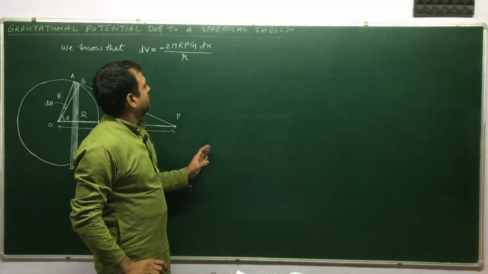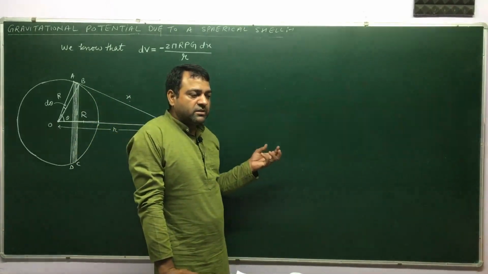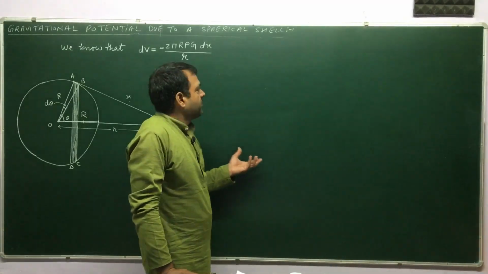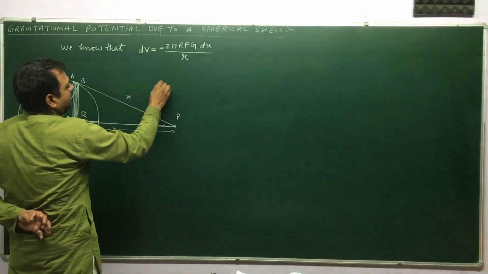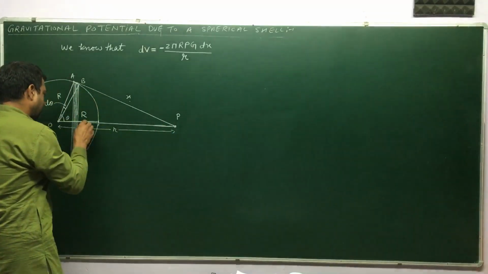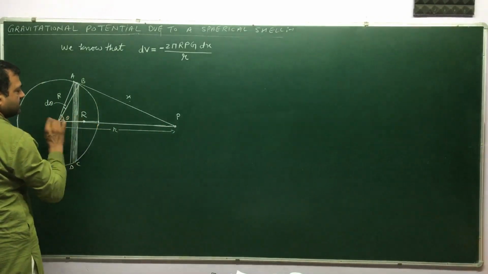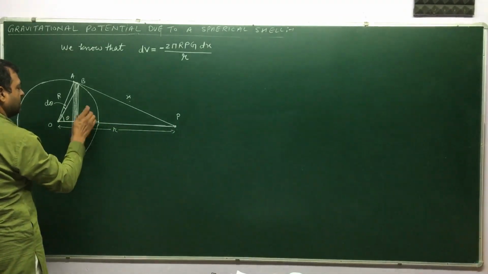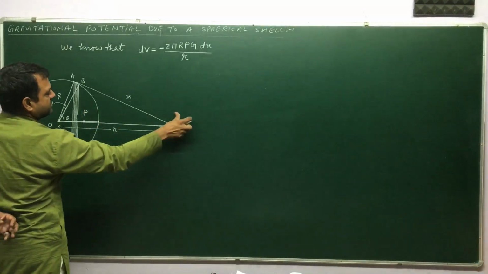So there is no major difference between this case and the previous one. The only thing which we have to change is the limits of our integration. Here dV is this one, and we had selected arbitrarily that this point is lying at this point. So this is point P instead of this.